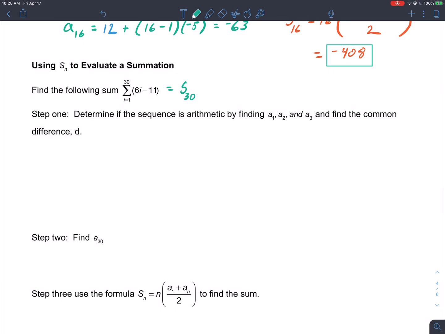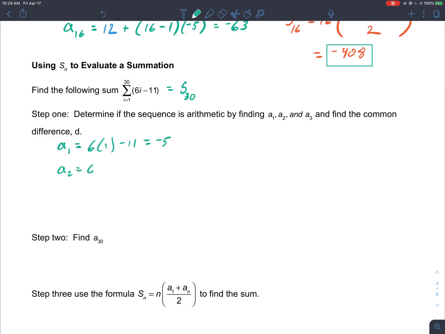To verify that this is arithmetic, I would find the first couple of terms and compare. If the general formula is 6i minus 11, then 6 times 1 minus 11 leaves me with negative 5.